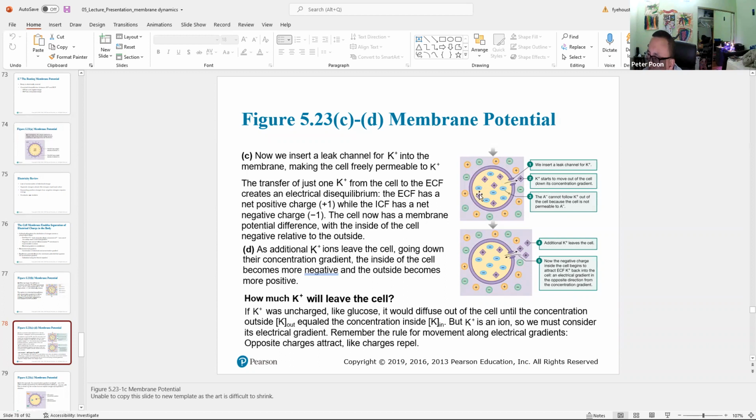So potassium will leak out of the cell. That way, as it leaks out, now the outside is positive and the inside is negative.